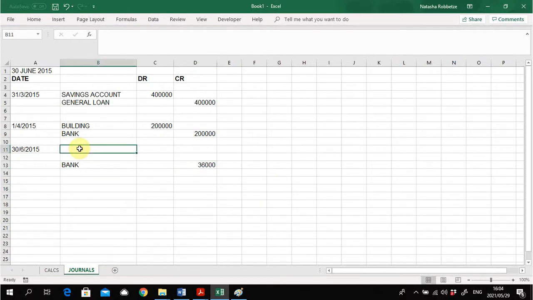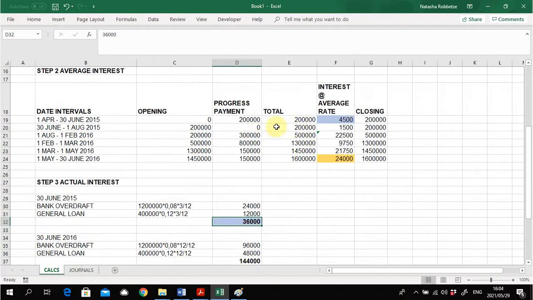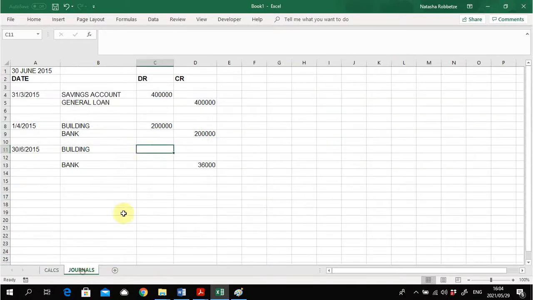Then what is the interest that can be capitalized for the building? The interest that is allowed for capitalization is the 4,500. The difference will be my expense. And that would be the balancing figure.